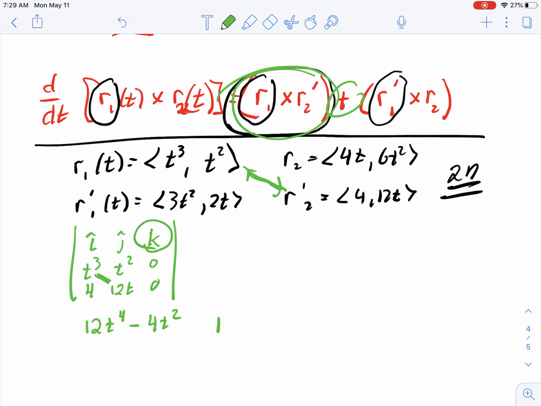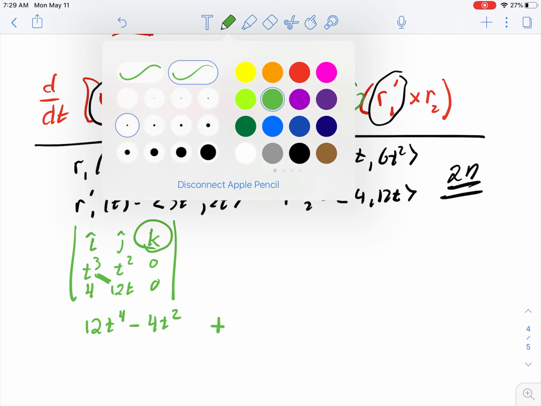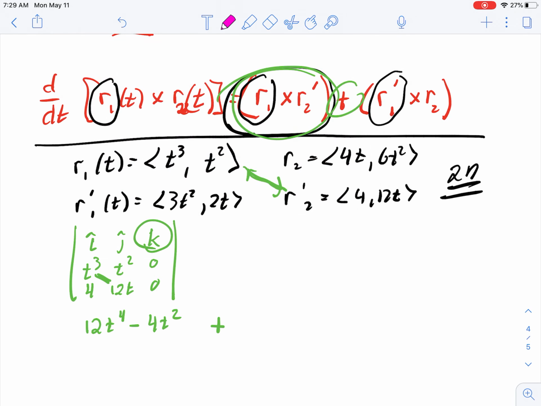Okay, now we're going to be adding that to the other one here. So let's do that. Let me change my color here. So now doing this one here: i hat, j hat, k hat. Order matters here, so we've got to make sure we do the right one first.